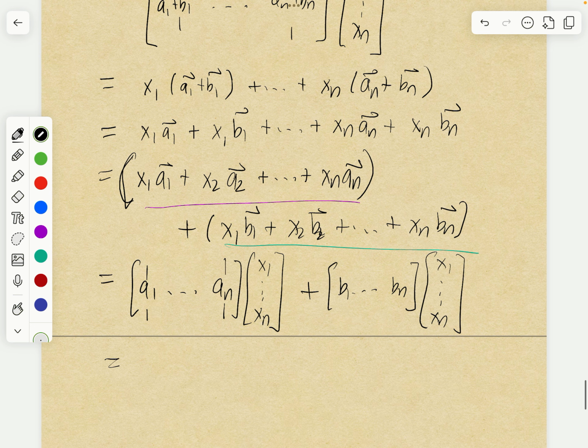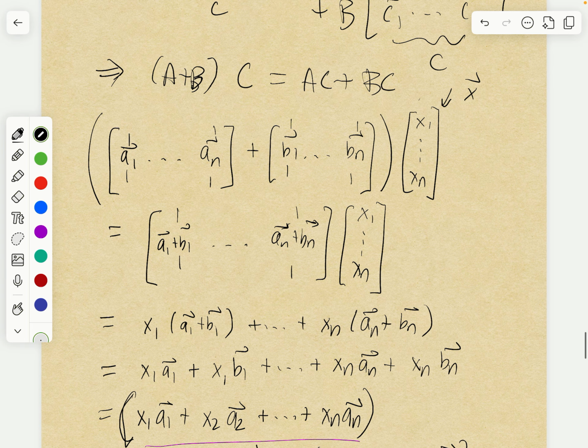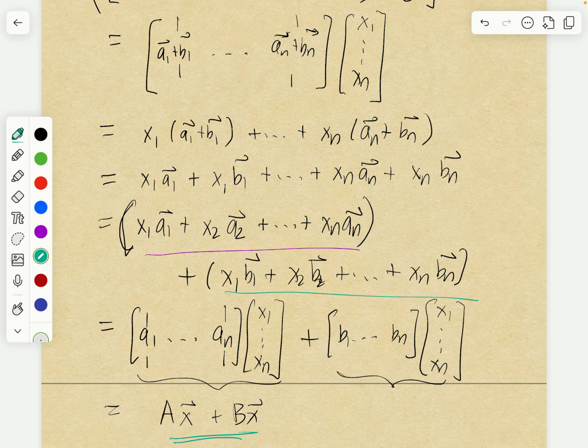So then this left-hand term is just A times x, and that's just B times x. So I started out with A plus B times x, and I showed that this is equal to this.